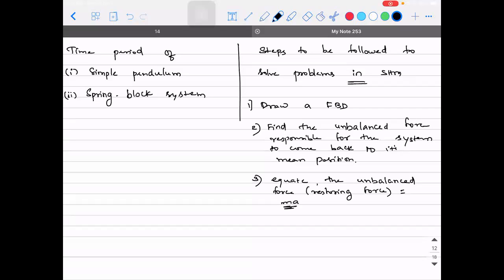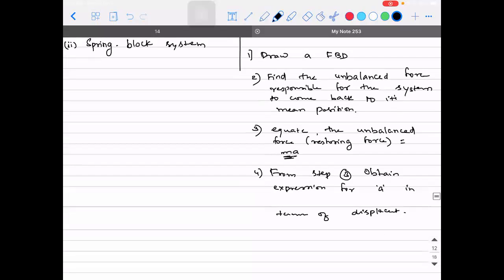Once you do that, from step 3, obtain the expression for acceleration in terms of displacement.